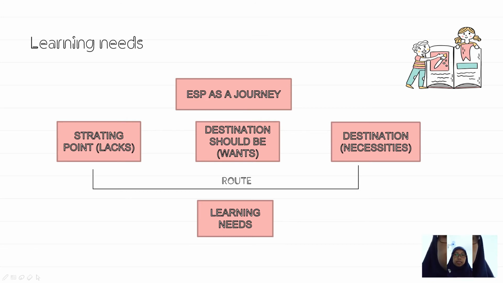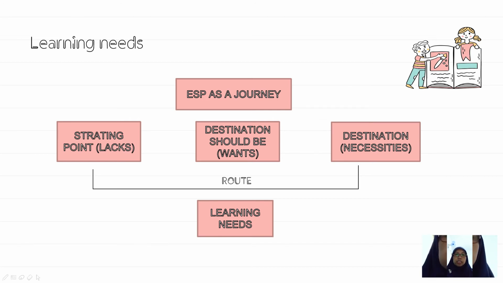Here I have a diagram or chart to describe the ESP course. And now let's have a look together. So this is an analogy of the ESP course as a journey.